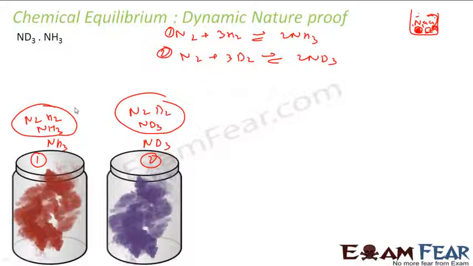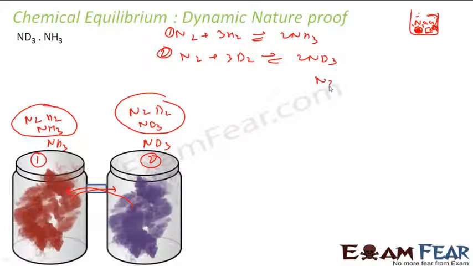Now what I do is I join these. So gas comes from this and mixes, the gases mix, right? And then again equilibrium is reached. Since they are already in equilibrium, even if I mix them, what will happen?